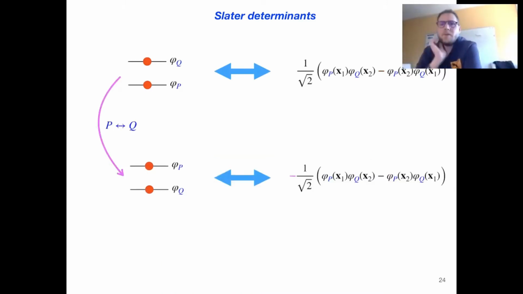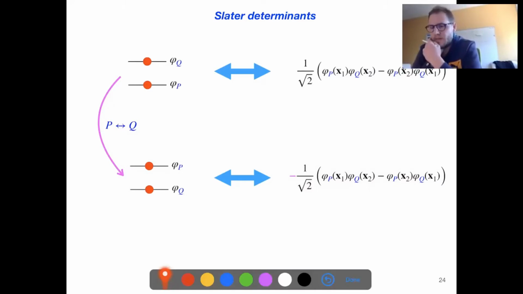So another consequence of this minus sign here that was introduced is that if you decide to actually change the label of P and Q spin orbital, so what does it mean? So if you look here at the first expression, the Slater determinant, you notice I started by assigning the spin orbital P to the first electron because I wrote X1 here. And then I have assigned the second spin orbital Q to the second electron, okay?